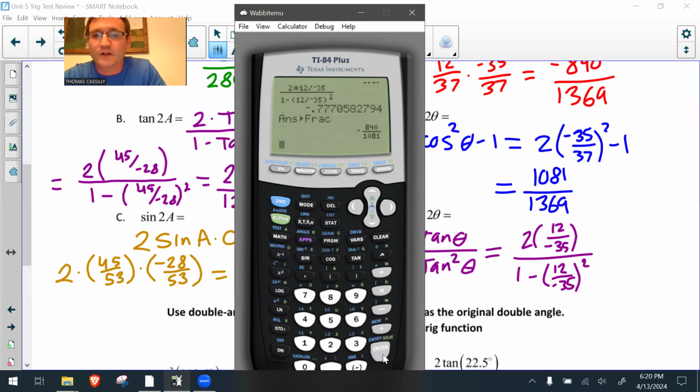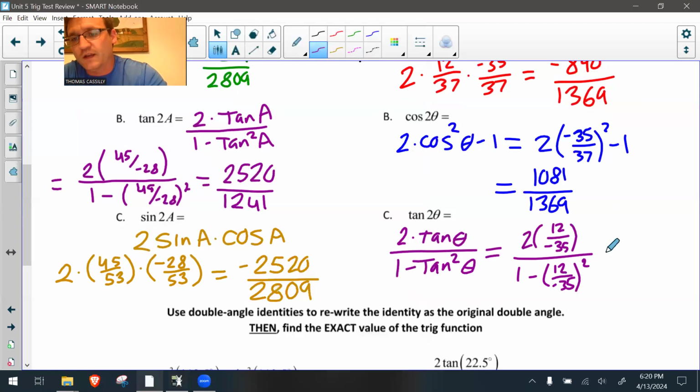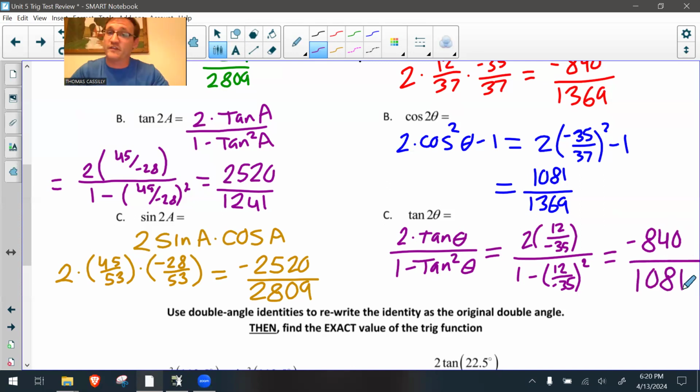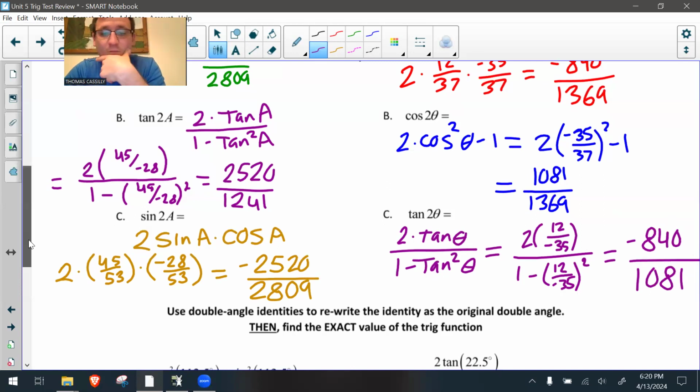We're trying to get exact values here. We don't want to sacrifice accuracy, so that's why we have these fractions. You got 840 over 1081. And of course, it's negative. All right, and that one's done.